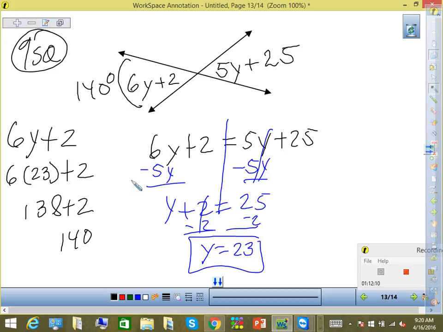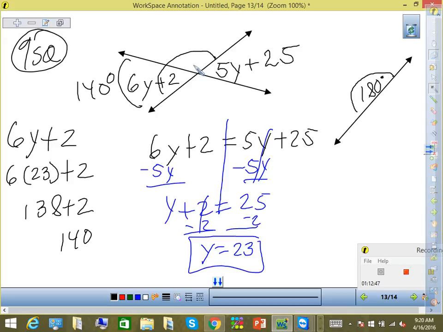Now, your attention please. Talking about angles. If I gave you a straight line like this, the angle here is 180 degrees.